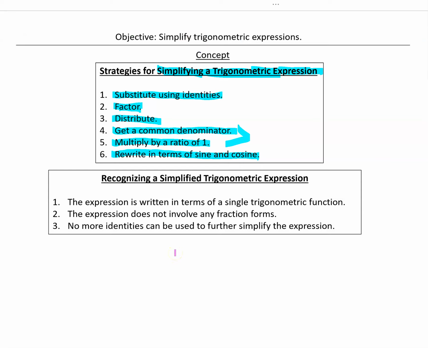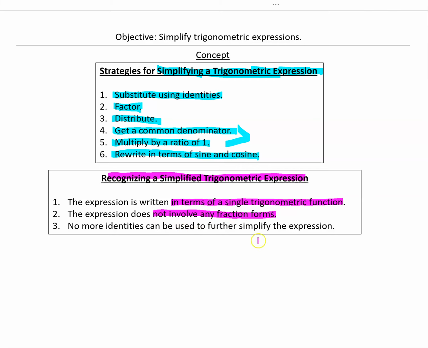So these are some of the rules for how we know that we are actually done with a simplifying problem. Recognizing a simplified trigonometric expression here: if it ends up being in terms of a single trig function, like a power of sine, a power of cosine, a power of tangent, and so on, that's considered simplified. The expression does not involve any fraction forms.